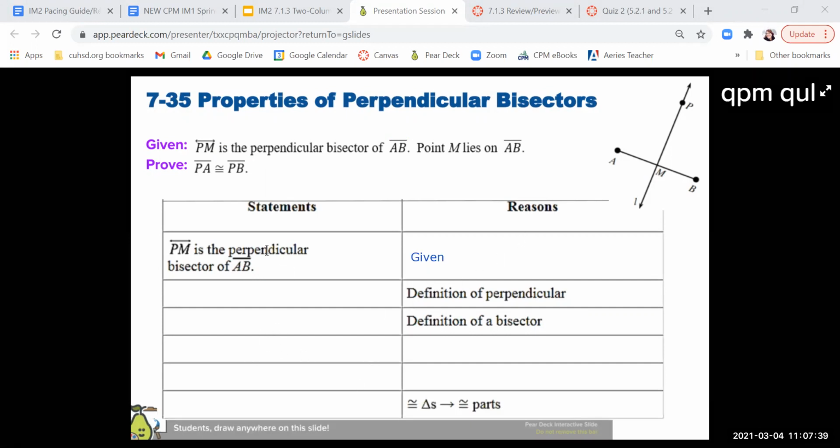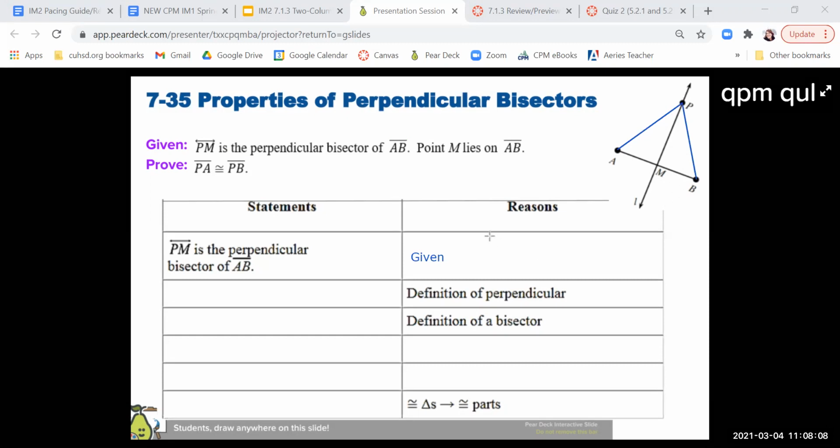And what's going to be important for us in order to prove that the segment PA is congruent to segment PB is to actually have those segments drawn into our diagram. So I'm going to get my line tool here, and I'm going to go ahead and actually connect the dots from point P to point A and from point P to point B. I don't have proof that they're equal yet.